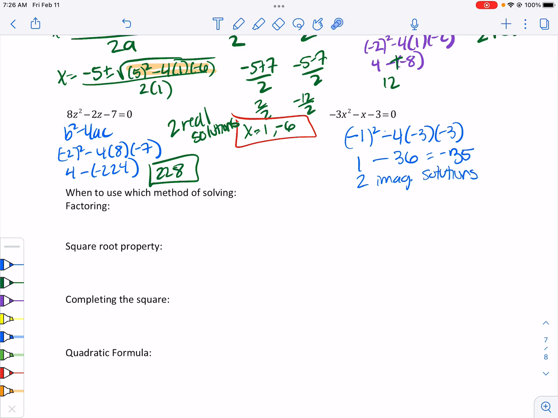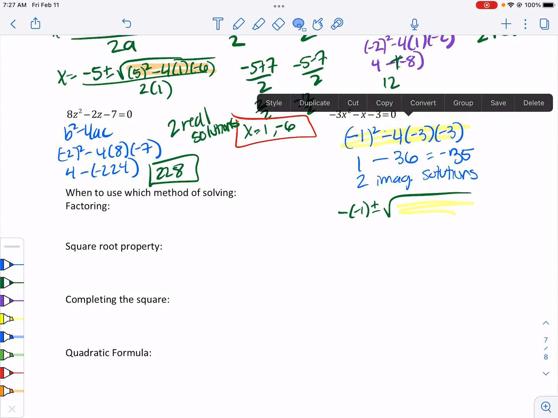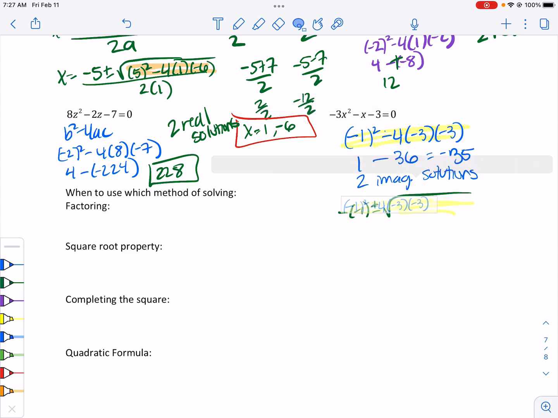Okay, so let's take a look at this one with the whole quadratic formula. So we're going to do x equals -b, so -1, plus or minus the square root of b squared minus 4ac, which is this whole part right here, and then all over 2a, so a is -3.